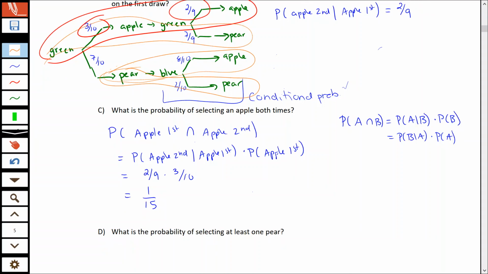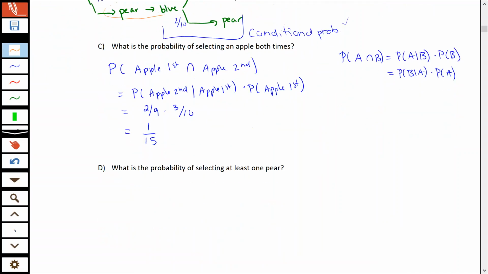We could add up the branches of those 3 orange ones that I've just selected there, or we could recognize that the probability of at least one pear is going to be the probability of taking the whole set, so 1, minus the probability of no pears.